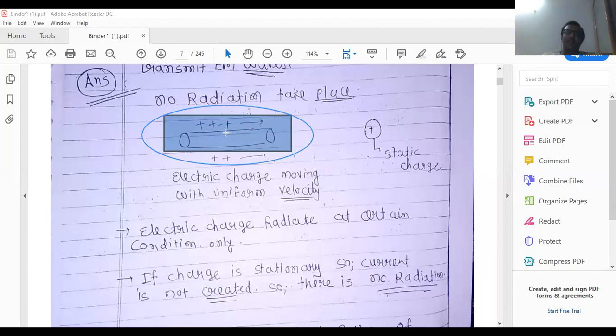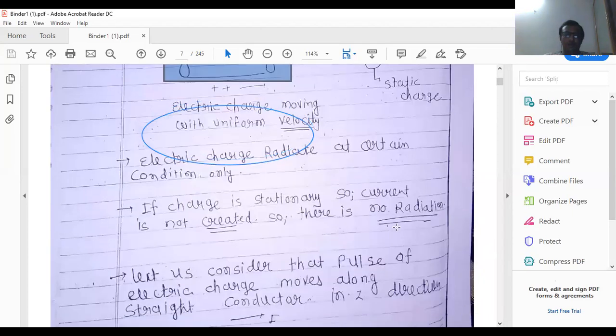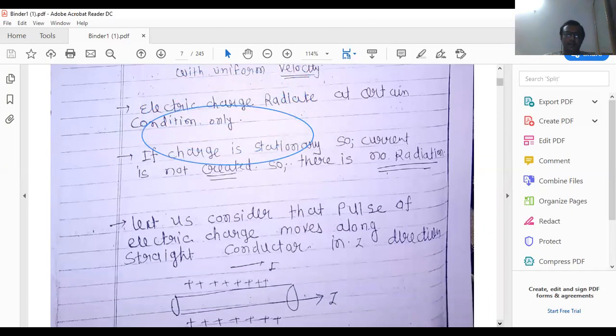Straight wire means the charge travels within it with uniform velocity. That's why the electromagnetic wave cannot radiate. So electric charge radiates only under certain conditions. If charge is stationary, current is not created, so there is no radiation present.